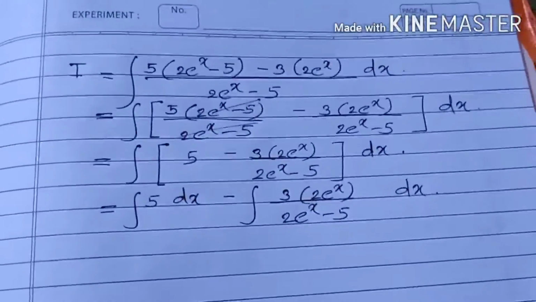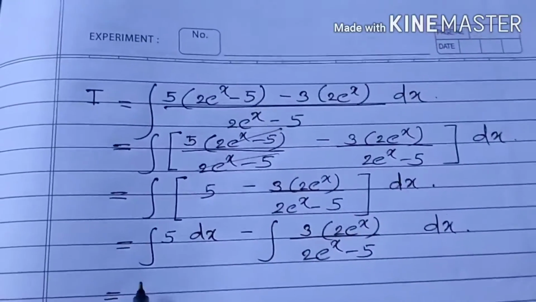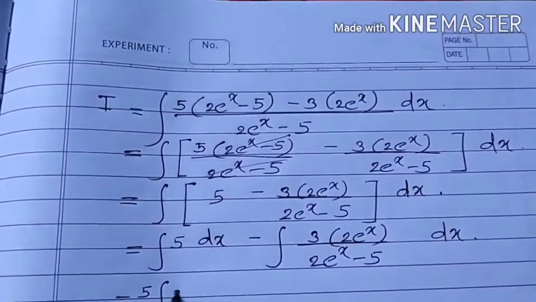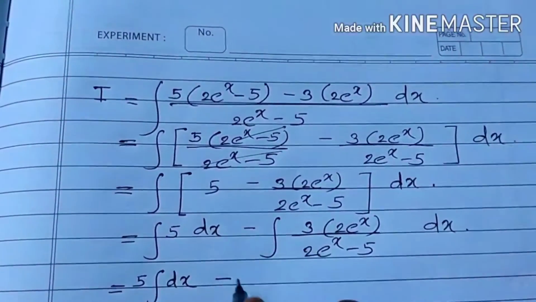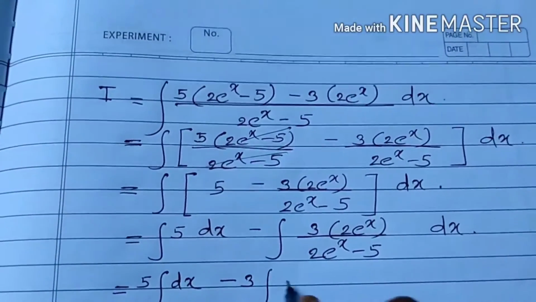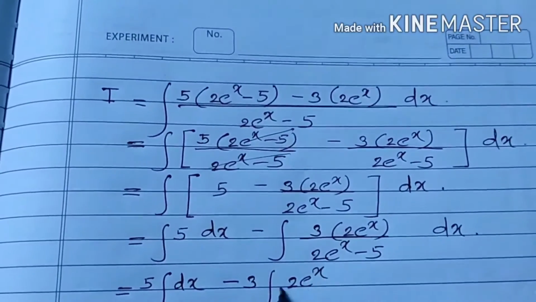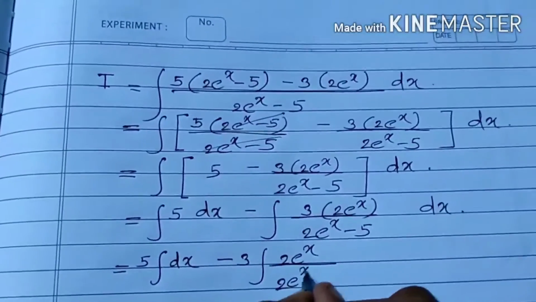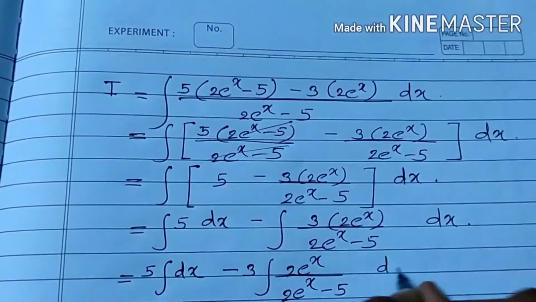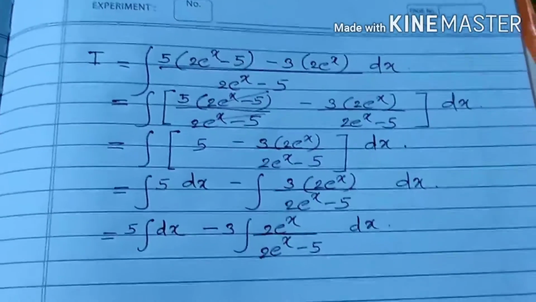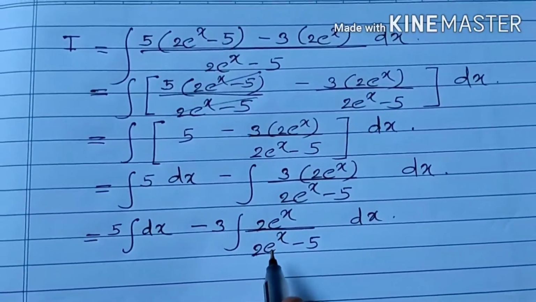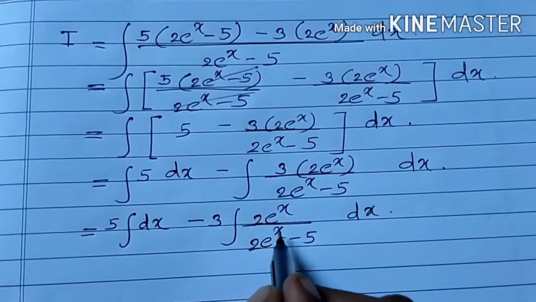Five is constant, so take it outside of the integration, which is 5 integration of dx. Here 3 is constant, so take it outside the integration, 2e raised to x upon 2e raised to x minus 5 into dx.